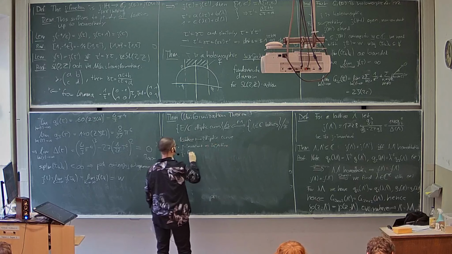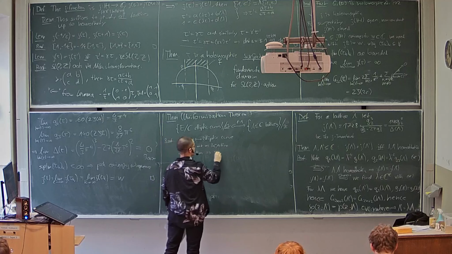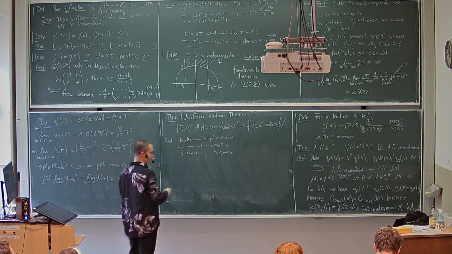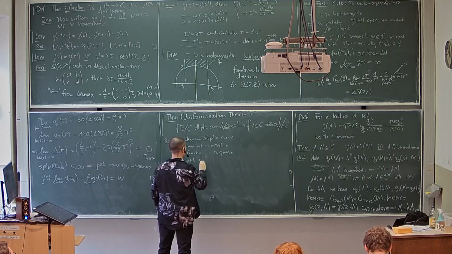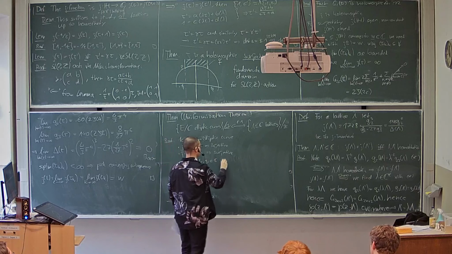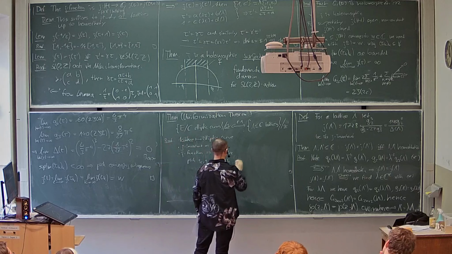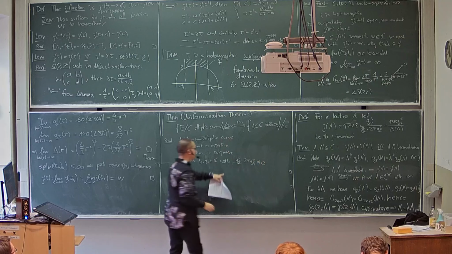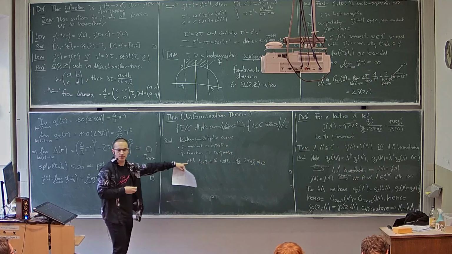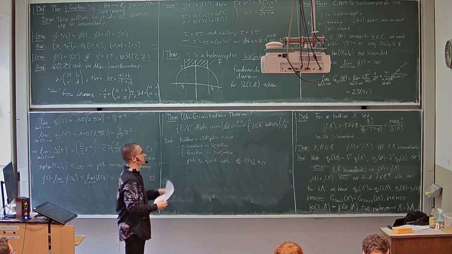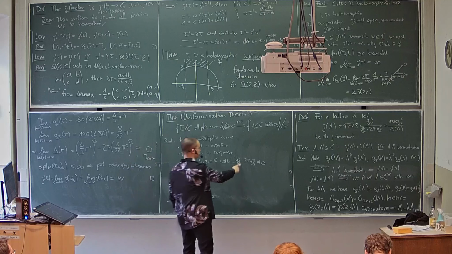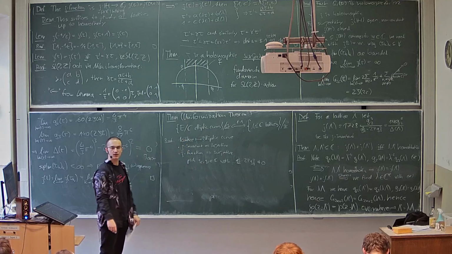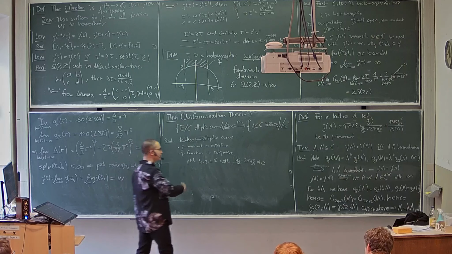And the j function gives us the surjectivity, because we know: pick any g2, g3 in C with discriminant non-zero. Then we can consider the quotient, which just is the j invariant of this lattice to be. And we know by surjectivity of the j function, we find some lattice in the upper half plane mapping to precisely this value.